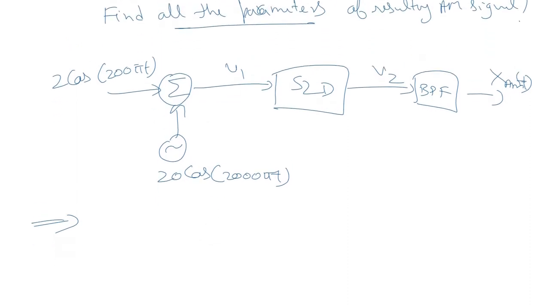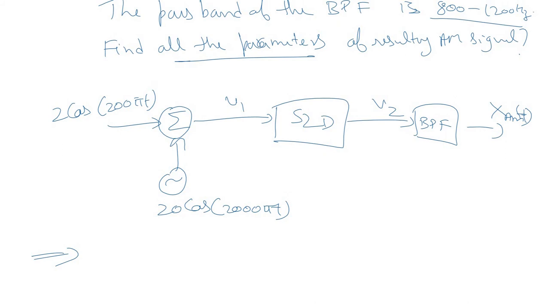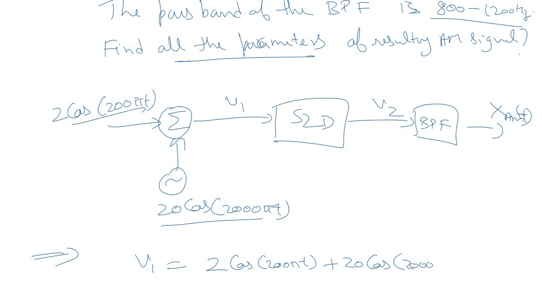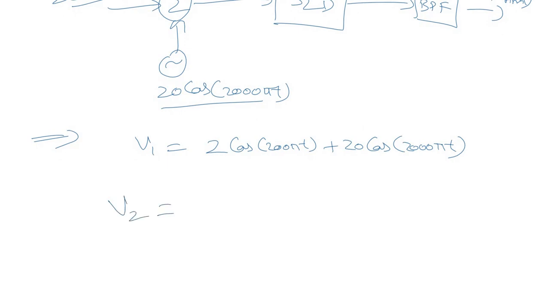So V1 is, we know, the summation of this and this component. So firstly we can write down V1, that is 2 cos 200 pi t plus 20 cos 2000 pi t. So we can easily find V1, which is this, right? V2 is given as V1 plus 0.1 times V1 square.